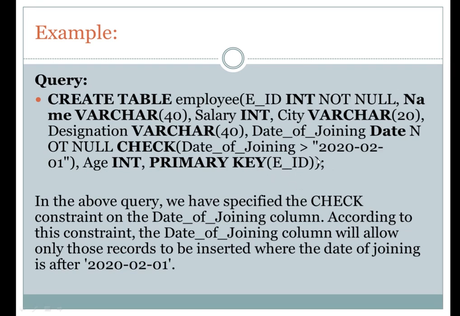At the end we put a semicolon. In the above query we have specified the check constraint on the date of joining column. According to this constraint, the date of joining column will allow only those records to be inserted where the date of joining is after the mentioned date.